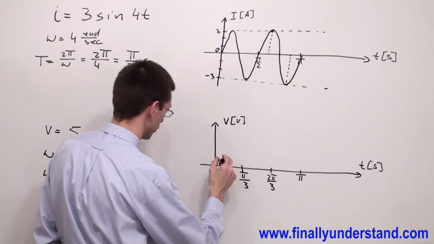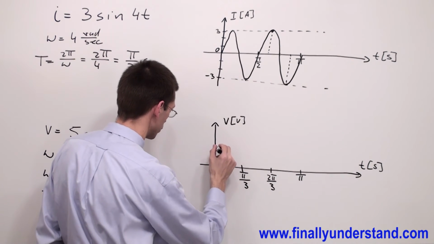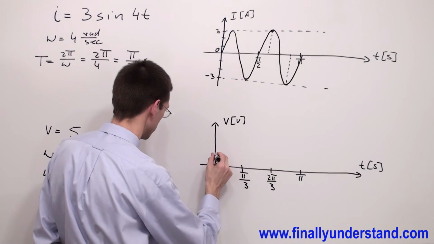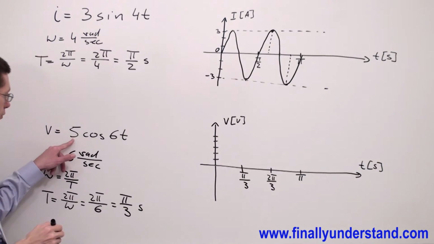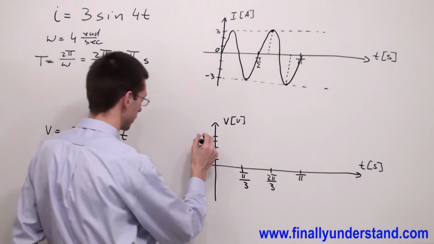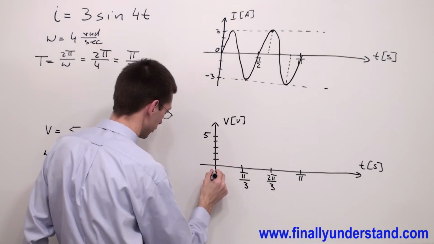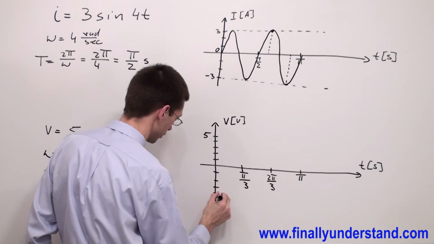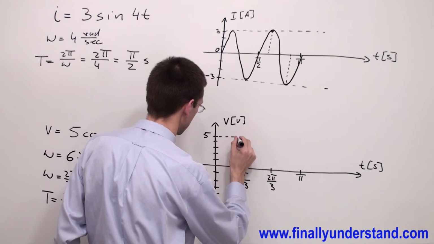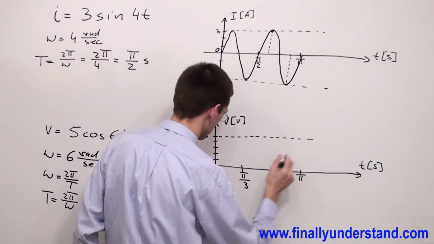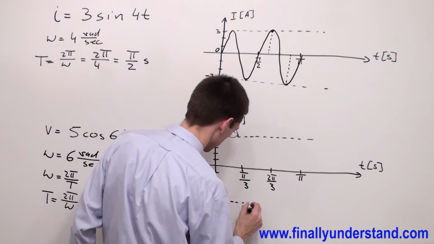Now, what I'm supposed to do is find the peak value, 1, 2, 3, 4, 5, because I have 5 volts. So this is going to be 5, and I have 1, 2, 3, 4, 5, minus 5 volts. I'm going to draw the dashed line in order to make sure that all my peak values are going to be on the same level.